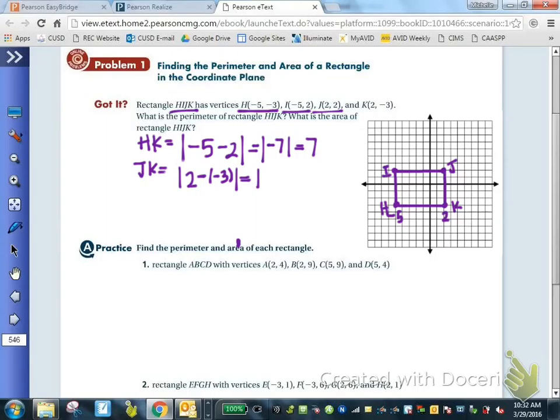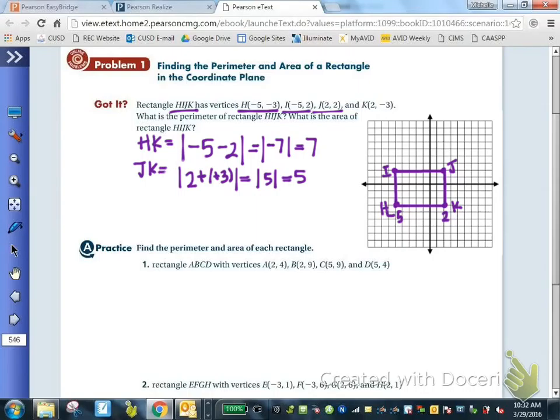When I subtract a negative, what happens? Positive. So this is the absolute value of 5, which is 5. So if JK is 5, what's IH? Also 5.